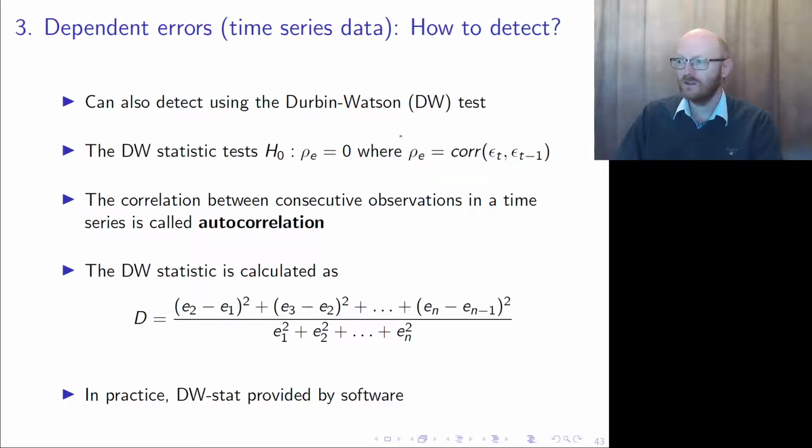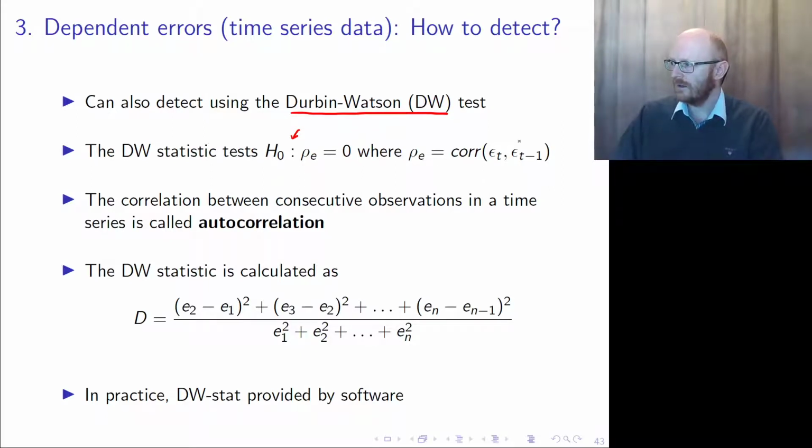We can use the Durbin-Watson test, which tests whether the correlation between errors is equal to 0 or different from 0.